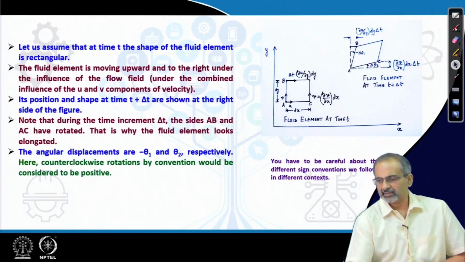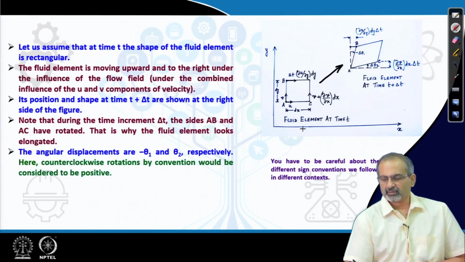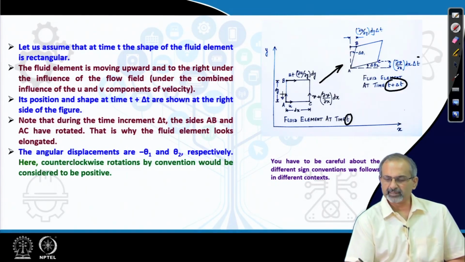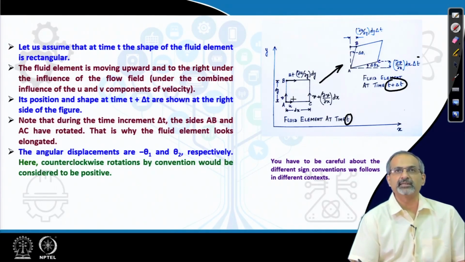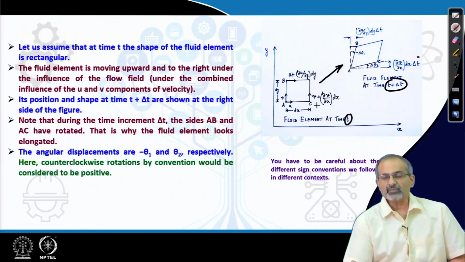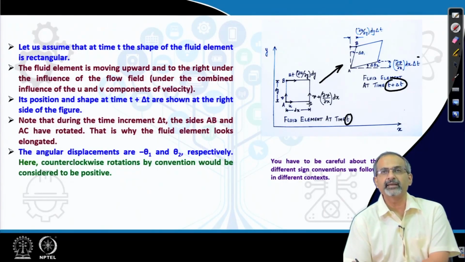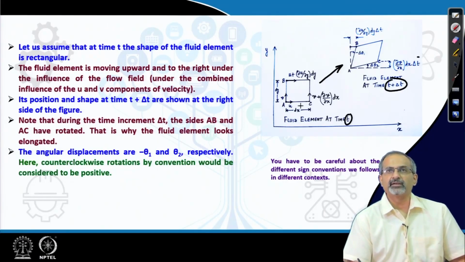Now, during this analysis, we of course assumed that the element moved from the initial location at time t to the new location at time t plus delta t, depending on the u's and v's which exist at this point. And we notice that there are angular displacements of the sides of the edges AC and AB during that period of time.